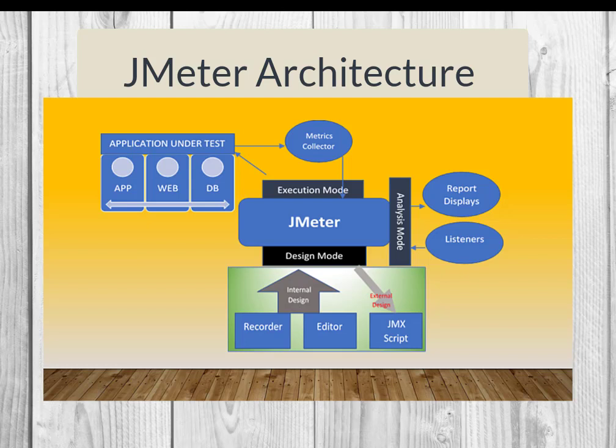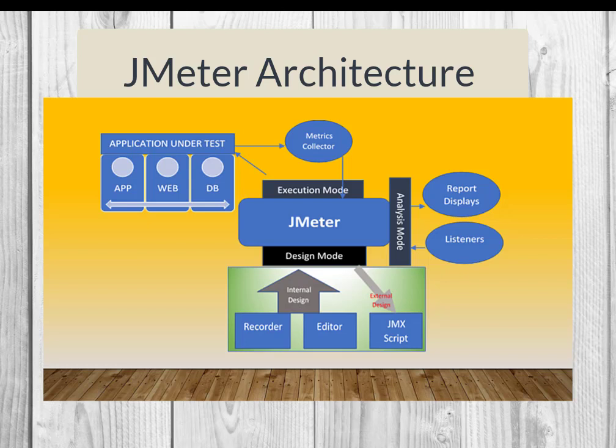The analysis mode can be utilized while the test execution is in progress, or it can be in use after the execution completes. At such time, each of the listeners that were in operation during the execution mode can then be perused for analysis.